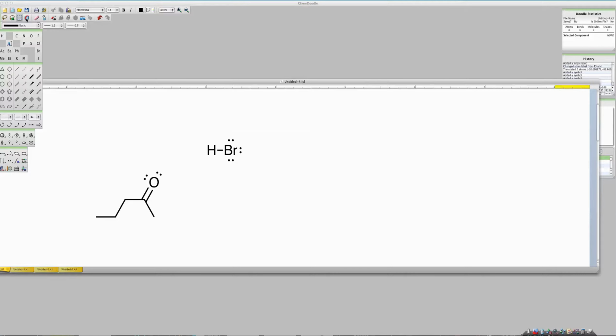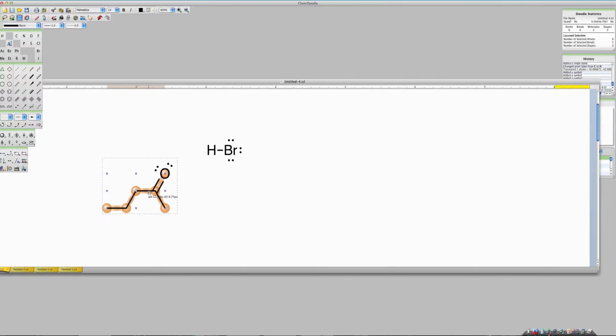And what I'm going to attempt to do now is animate electron movement. So I'm going to highlight the nucleophile, and the nucleophile is going to begin to approach and make a bond with the electrophile.